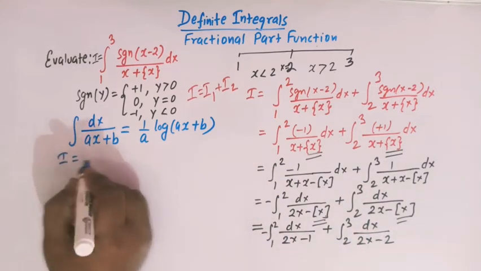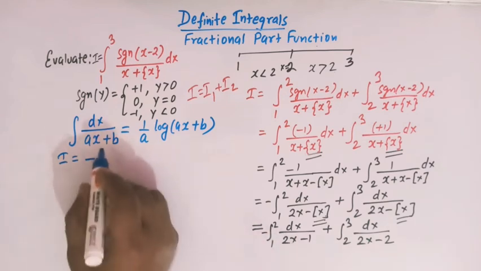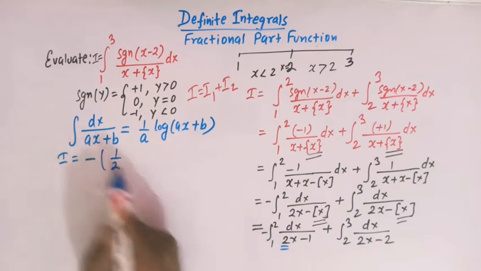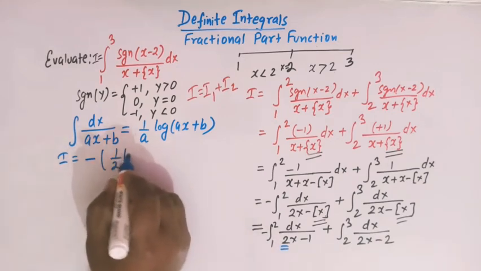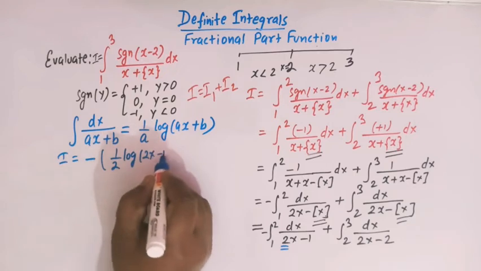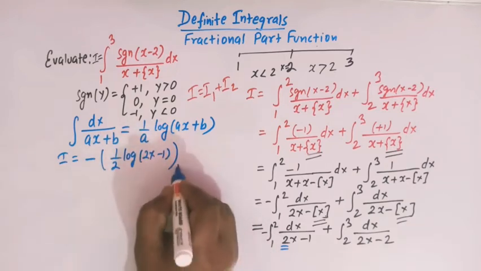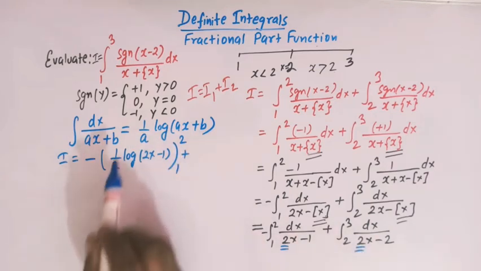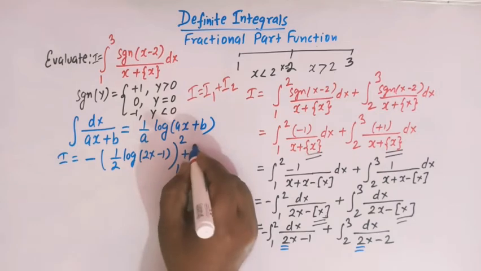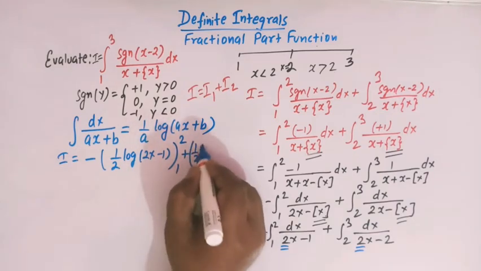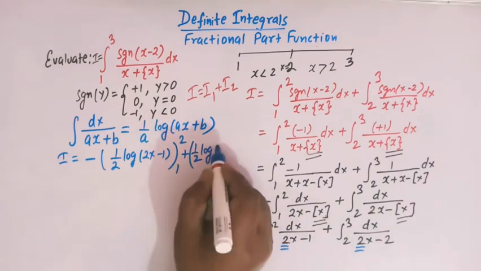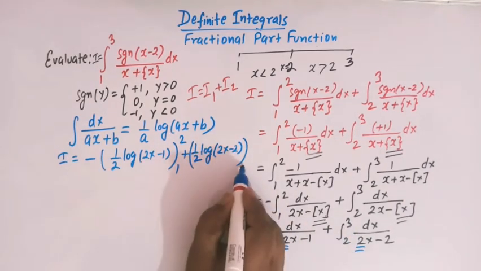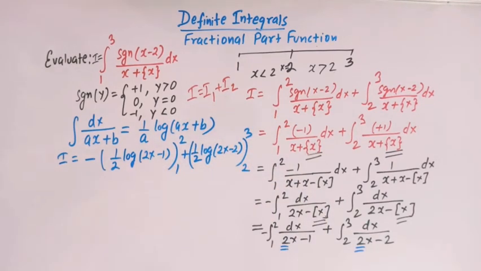So it can be written as minus 1 over 2, because here a is 2, times log of 2x minus 1, with limits from 1 to 2, and here a is again 2, so we have 1 over 2 times log of 2x minus 2, and the limits of integration are from 2 to 3, right?